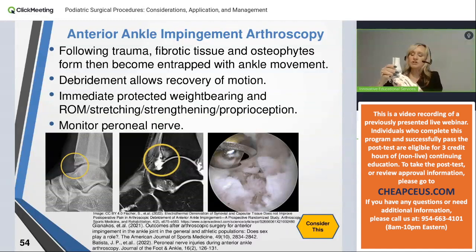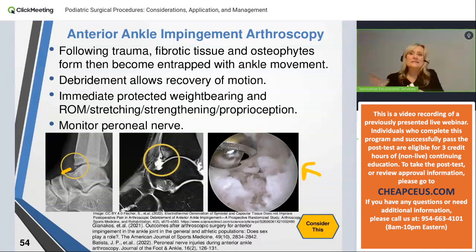From the frictioning over, they might develop a little osteophyte. So what we're seeing here in this circle at the tip there is an osteophyte. In the far right image, we're seeing these frayed edges of that joint capsule or adjacent tendons in that area. And all of those tissues become entrapped when the patient tries to do their deep dorsiflexion, creates pain.